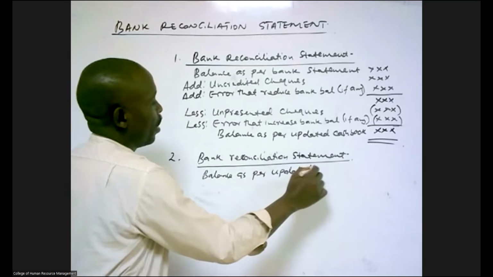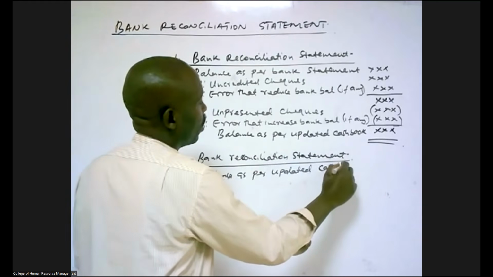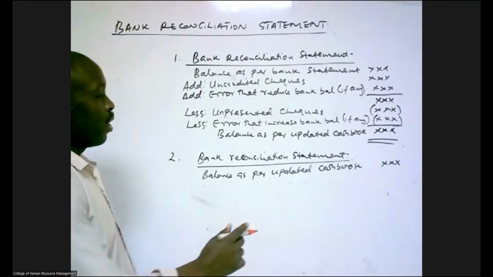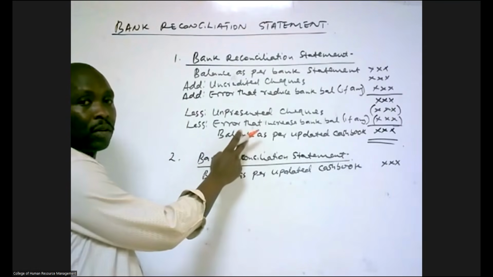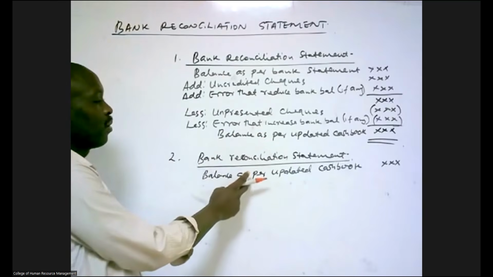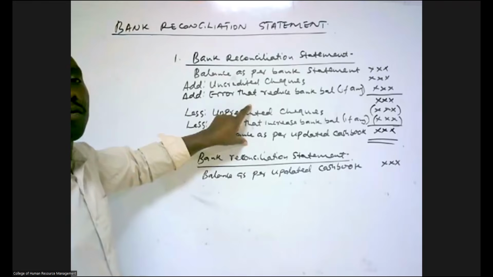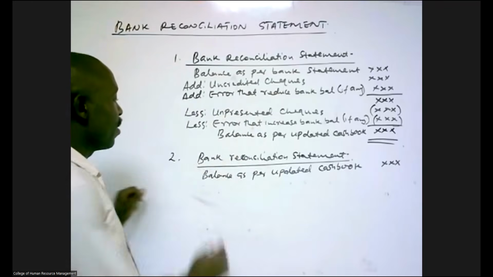When you start with this balance that was at the bottom here, now it becomes the one at the top. You add these items that you had deducted in the initial format. You add the unpresented checks.